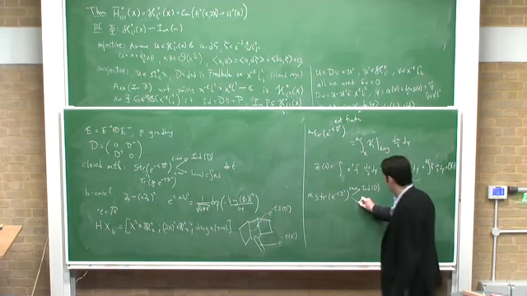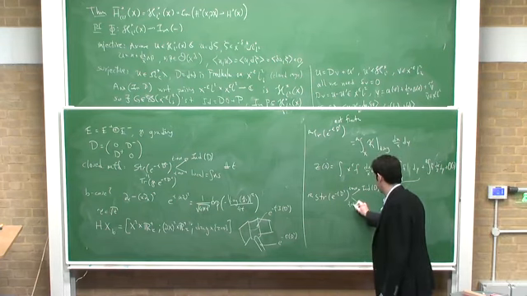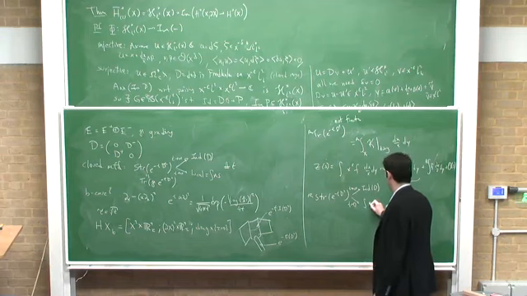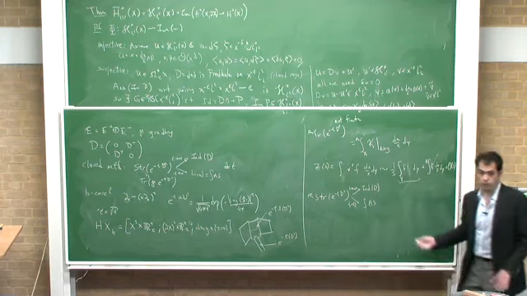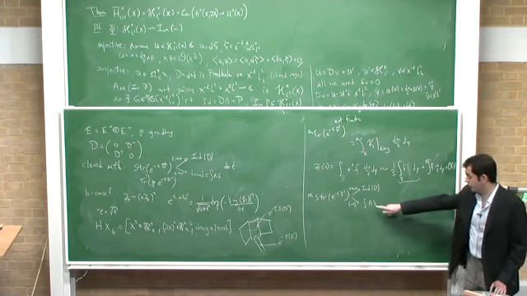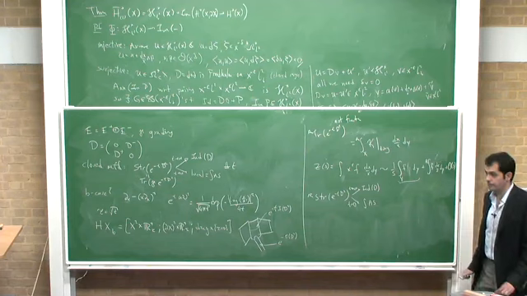And as t goes to 0, this gives you the usual local term by the local index theorem. In particular, this integral does not need to be renormalized.